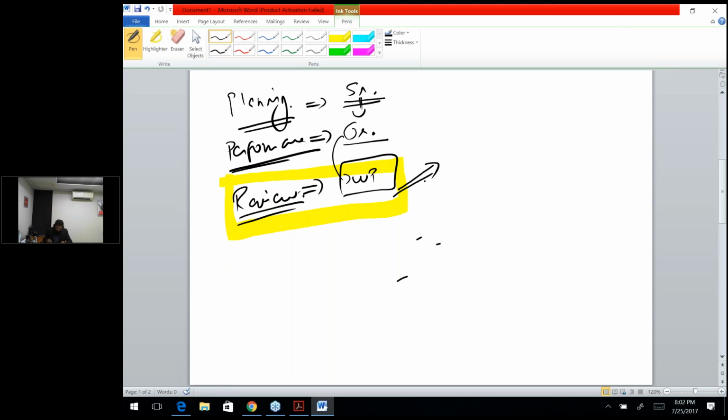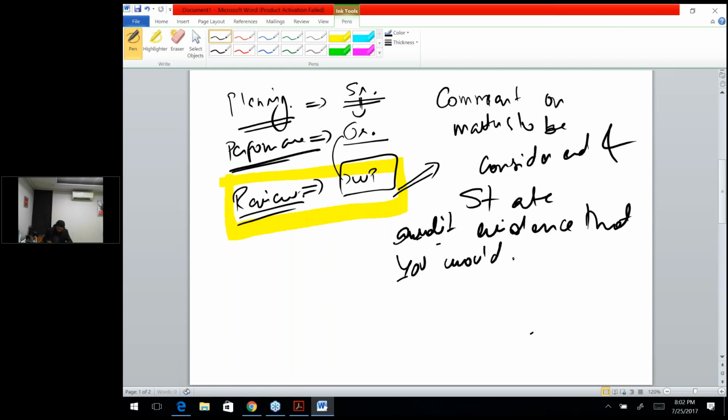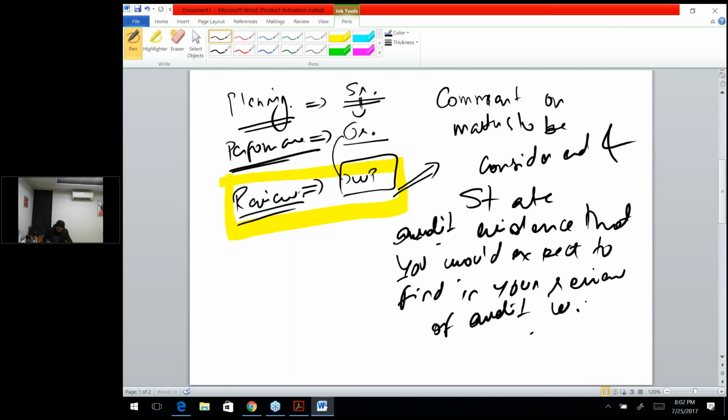The examiner has got a typical requirement at the review stage, and the examiner's question would always be like this: comment on matters to be considered and state audit evidence that you would expect to find in your review of audit working papers.